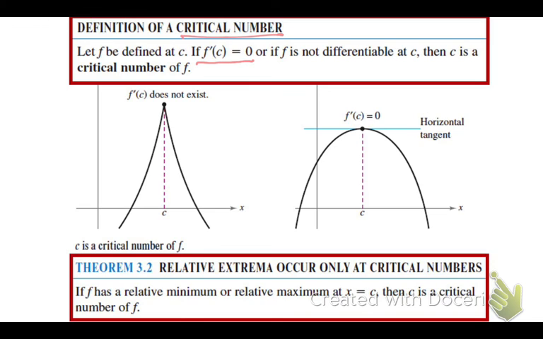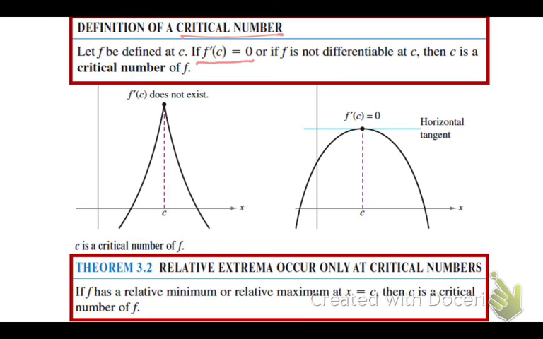The first one we have here doesn't have one. Why? It's a peak. Well, this one would be considered a peak just because it's curved going to it. But either one, it doesn't exist because it meets at a point. Yes? Okay. The second one, the horizontal line is tangent.